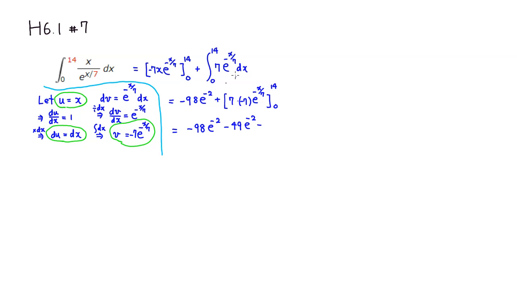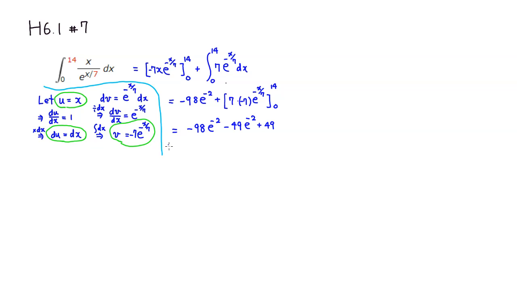When you plug in 0, e to the 0 is 1, and minus negative 49 is plus 49.